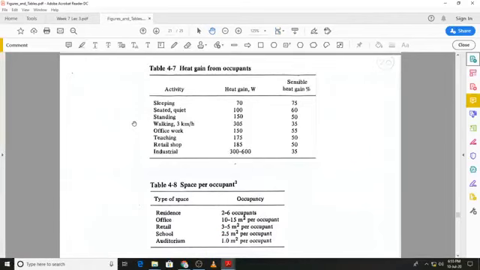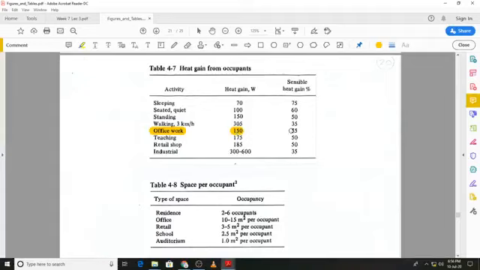Table 4-7 is heat gain from occupants. So this is the heat gain per person, and the units are in watts. And you can see the first column tells us the type of activity. So we are told that the activity that we have is office work, and against that the heat gain is 150 watts. The third column tells us what percentage of this heat gain is sensible heat gain.